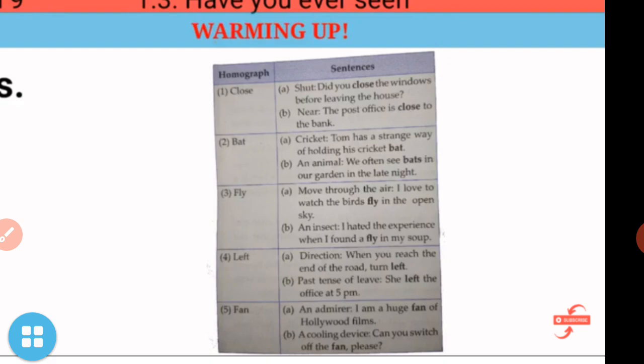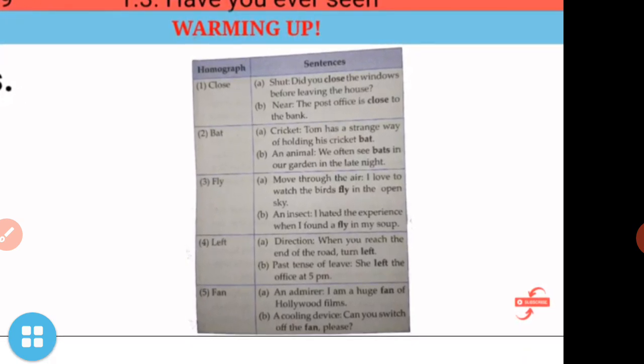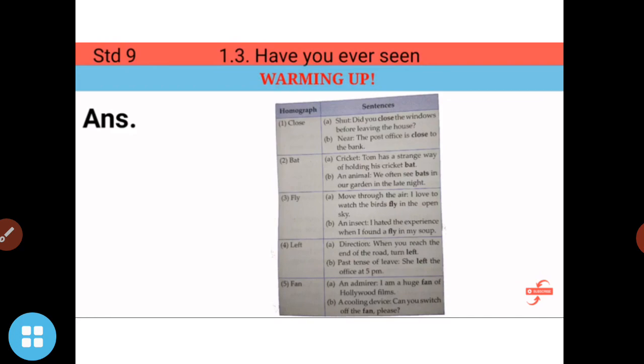The second meaning is near: The post office is close to the bank. It has two sentences and one word, the homograph close. Here we have written five homographs: close, bat, fly, left and fun, each with different sentences. So you can note them down and make your notes.